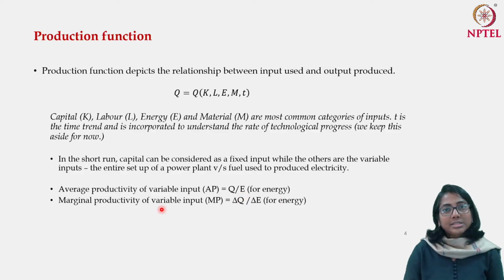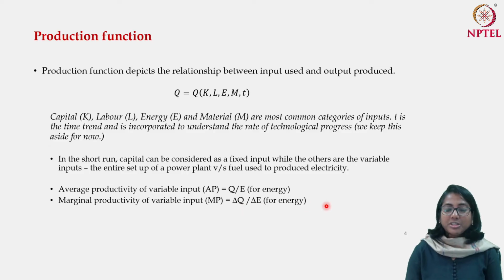There is another concept related to the productivity of the variable input, that is the marginal productivity. The marginal productivity is actually defined as the increment in the quantity of output as you increase the quantity of input at the margin, right? So this is an incremental change in energy input. What is the result on the change in output?